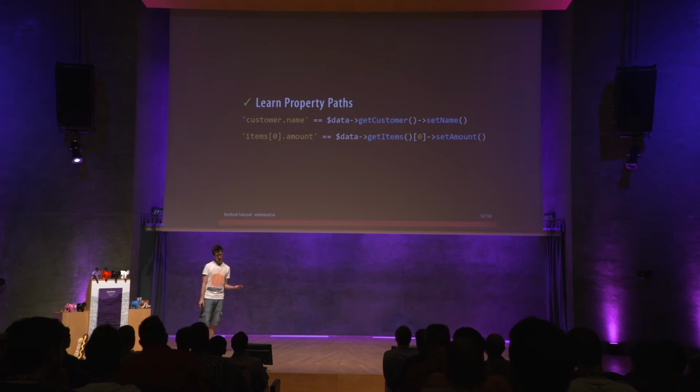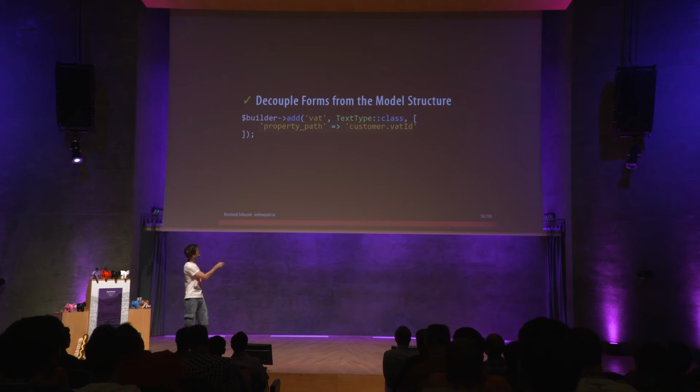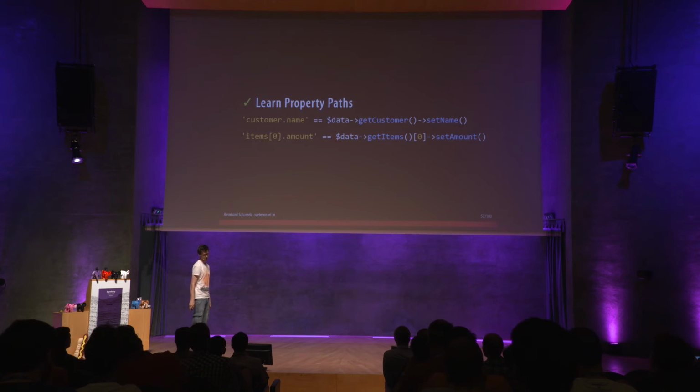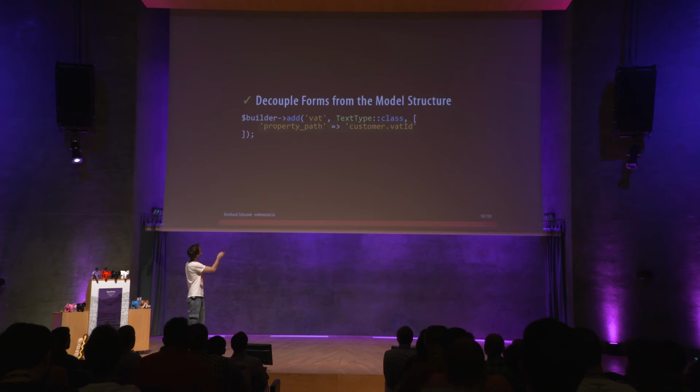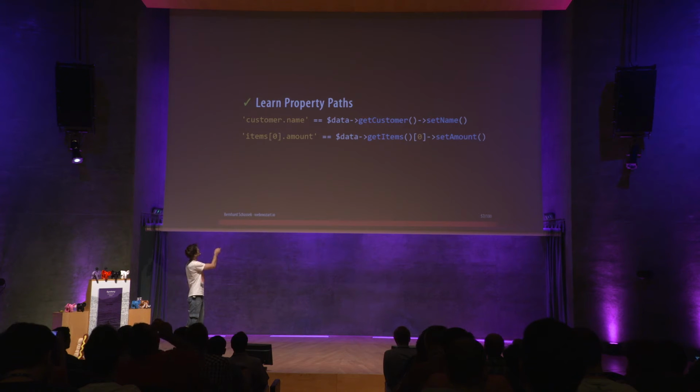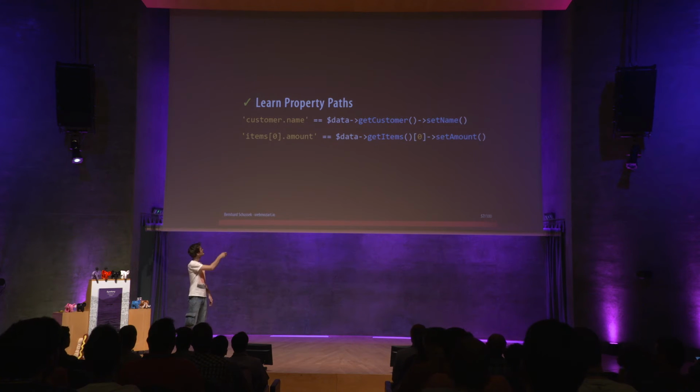So in this case, the property path customer.name, here's an example, corresponds to data get customer get name and data get customer set name when the name is updated.